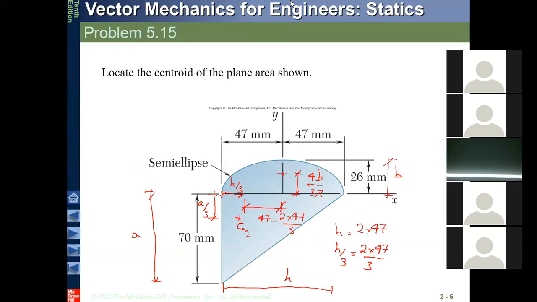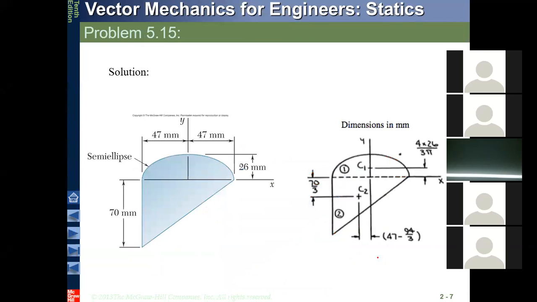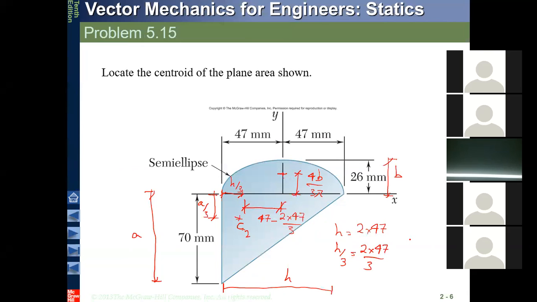Okay. So it is going to be 47 minus 94 over 3, which is exactly what I write here.